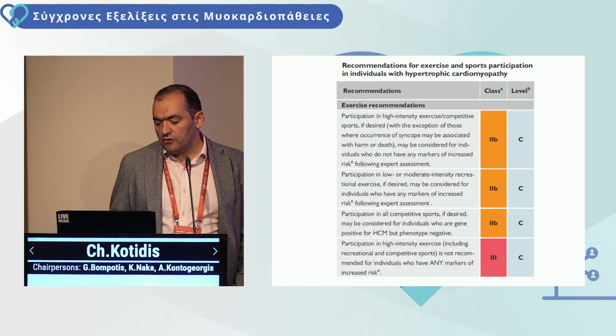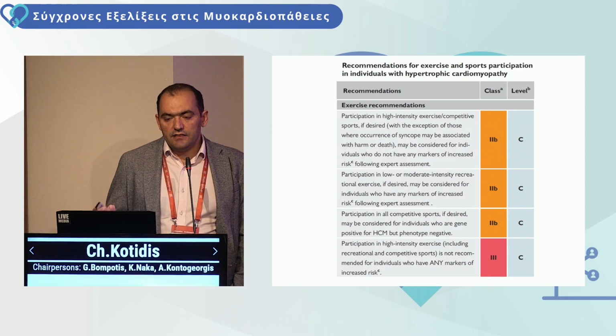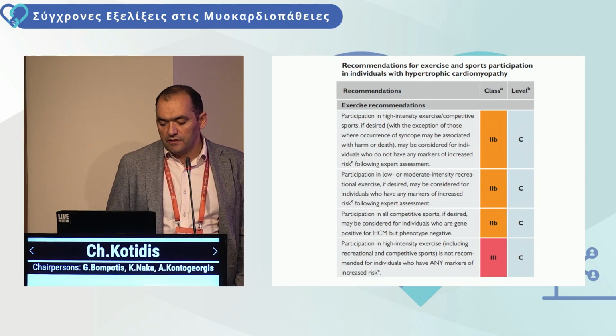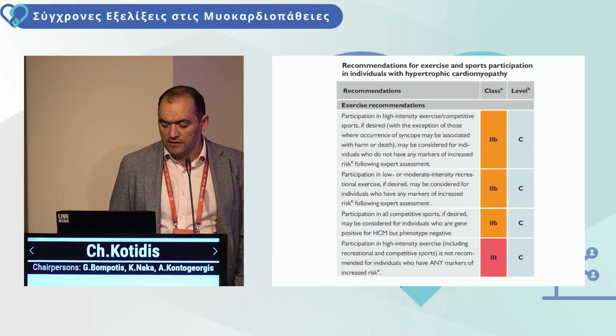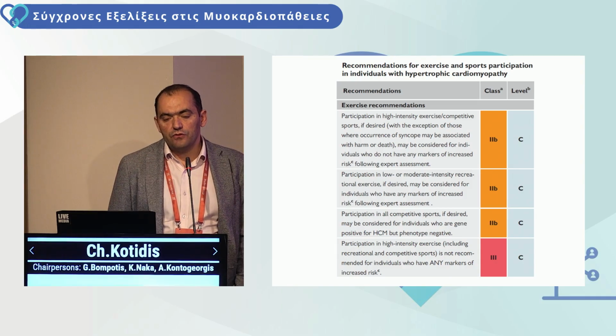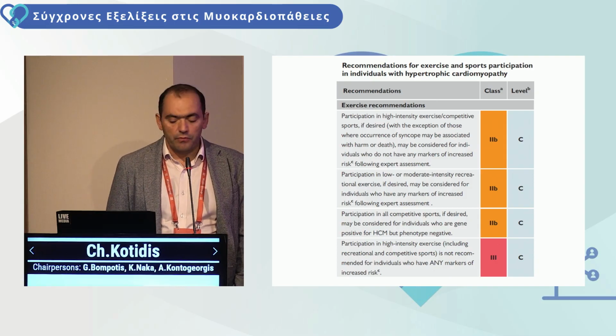We can pay attention to the low class of evidence. And in general, any asymptomatic patient with no evidence of hypertrophy can do even competitive sports, even if gene positive. And subsequently, we have to do a personalized assessment, assess the risk score and decide whether to exclude patients from competitive sports.